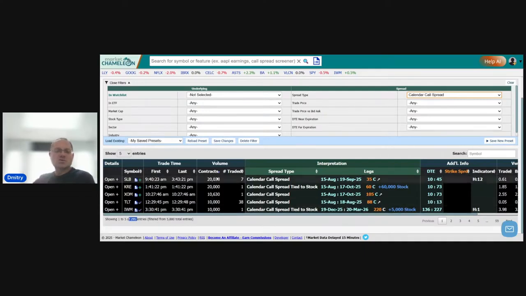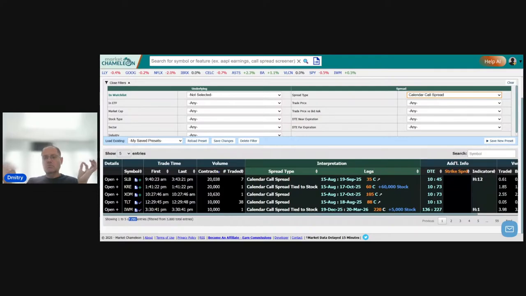These are now sorted by the ones with highest volume. So you could see in symbol SLB, there's 20,038 contracts that traded in this particular calendar call spread. It was the August 15th, September 19th, 35 call. So calendar call spread, what does it involve? It involves two different legs.